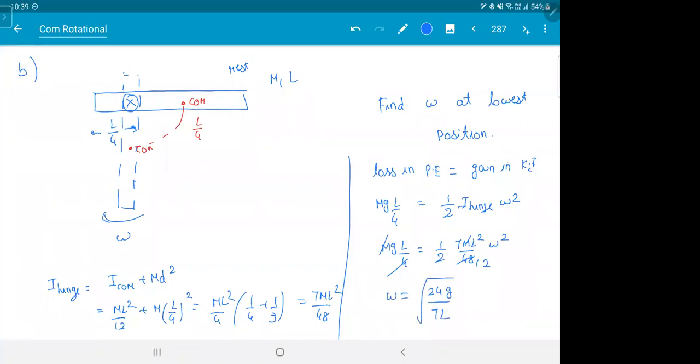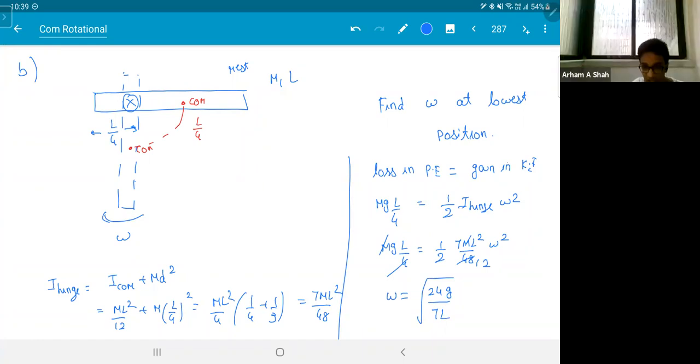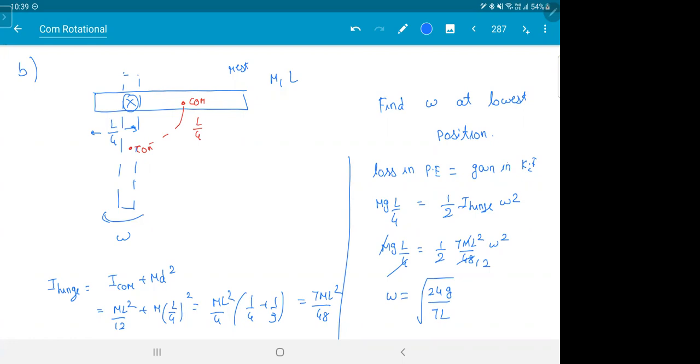Check it out. That's what you got, no? Sir, I got 48. And I took mg L by 2. L by 4 only, na? The center of mass from the hinge is at distance L by 4. When it comes vertical, it will fall L by 4 only. Check out the steps.